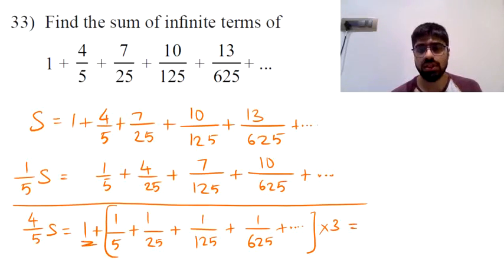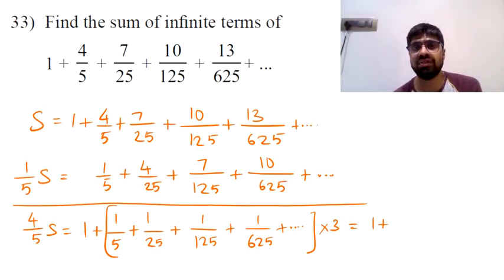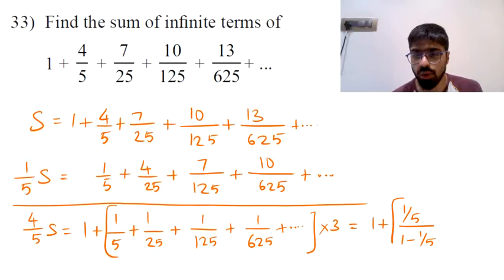The value for this is now 1, plus, if you realize this is an infinite GP, and for an infinite GP the sum up to infinite terms is given by a, that is your first term, which is 1 by 5, divided by 1 minus r, so 1 minus the common ratio, which is again equal to 1 by 5, and the whole thing is getting multiplied with a 3.